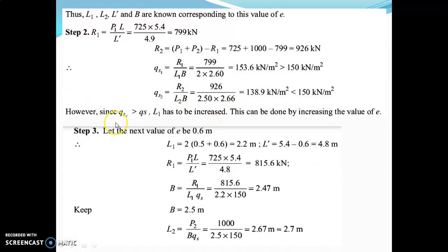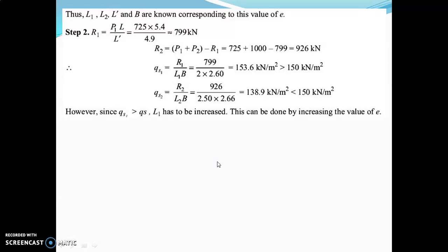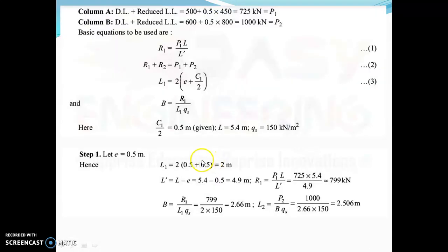So again, you have to change the E value and do the same process that you have done in the first trial. Now let us take the value of E is equal to 0.6 meter. So same method, first you have to calculate L1. What is L1? L1 is equal to this formula, 2 into E plus C1 divided by 2.